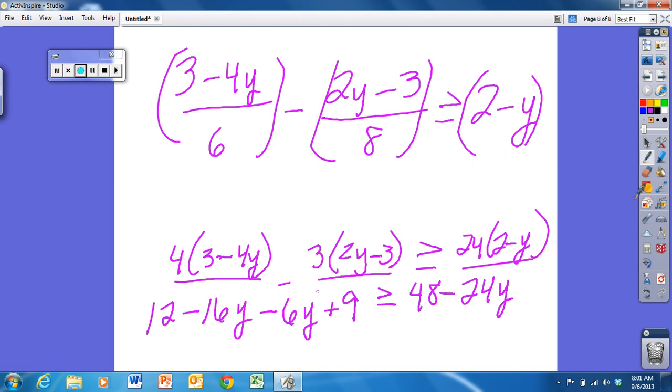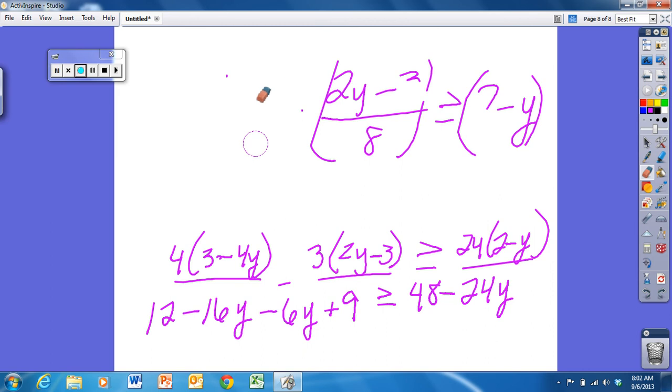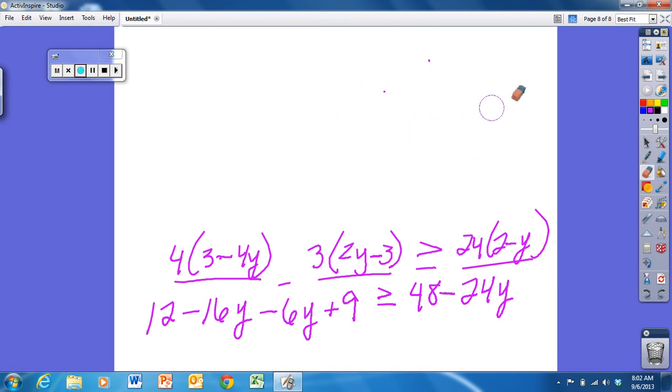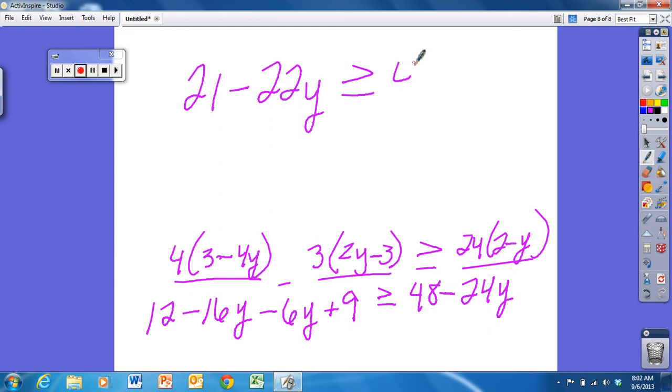If I combine like terms on the left, I'm going to go up to the top here so I have room. Combine like terms on the left, I will get 12 plus 9 is 21, and -16y minus 6y is -22y is greater than or equal to 48 minus 24y.